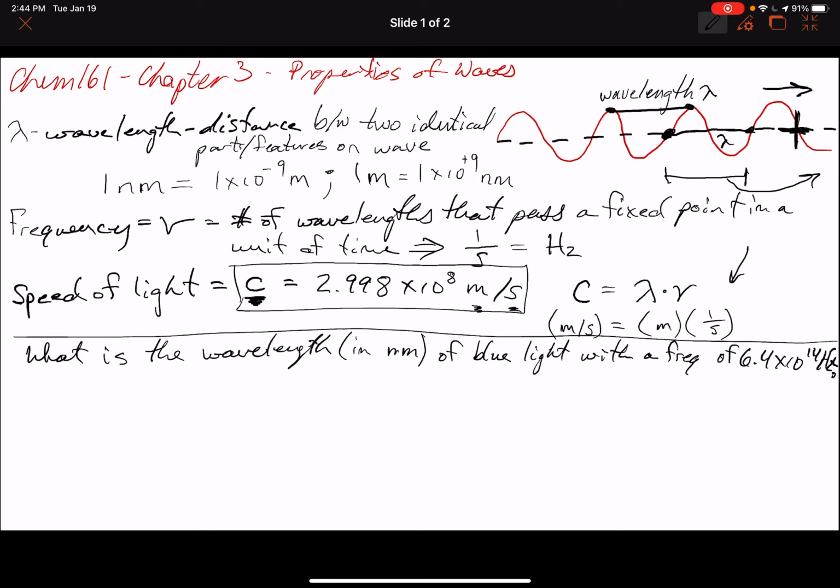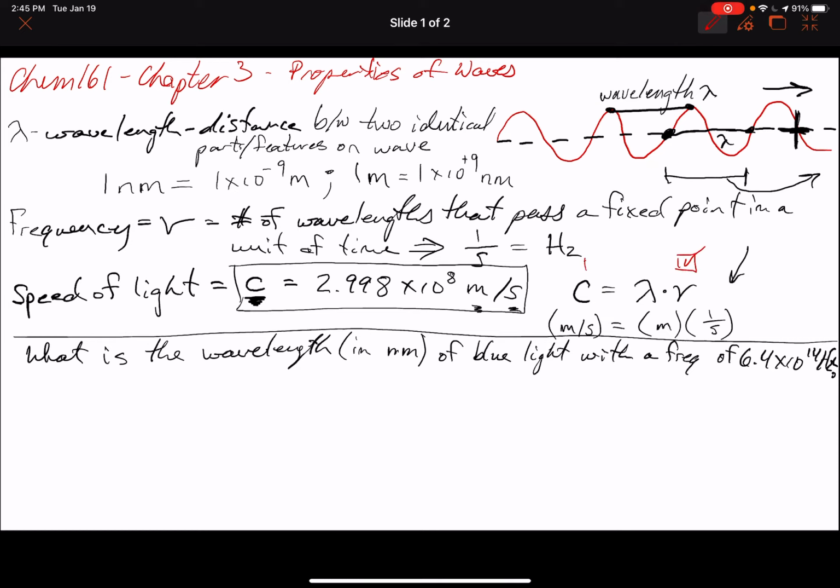Okay. So you can see the equation above might come in handy. We are given the frequency as 6.4 times 10 to the 14 hertz. So we are given the nu value.